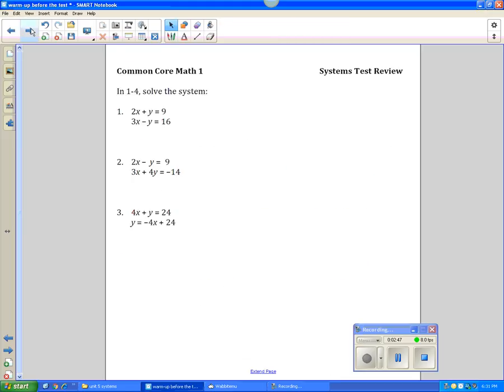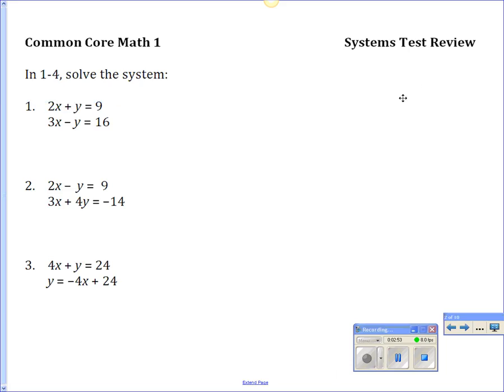Okay, let's look at your homework. I'm not going to work out all of these in their entirety, but let's just look at them. So number 1 is a multiply, multiply, cancel, cancel. And if you notice, positive 1y and negative 1 will go ahead and cancel, so you actually don't have to multiply by anything. So you get 5x equals 25 divided by 5.